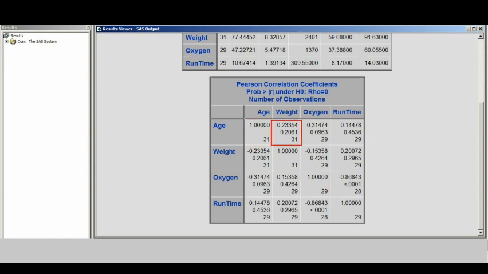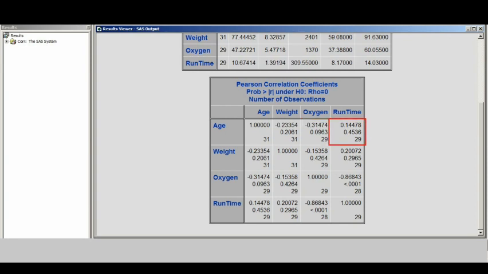These off-diagonal entries: this is the correlation coefficient between age and weight, minus 0.23354. That means there is a negative correlation between age and weight of the person. Age and oxygen intake, minus 0.31474, again a negative correlation.